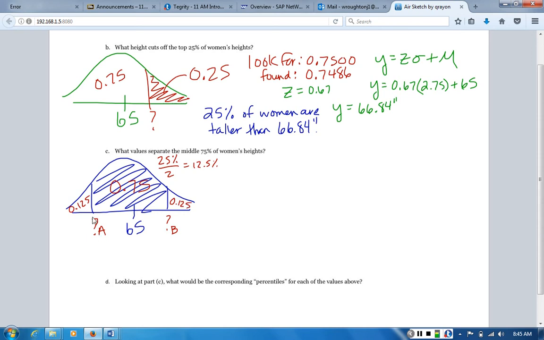Now, why did I do that? I had to figure out how much was to the left of my question mark here, so I needed to figure out that number. So first, for question mark A, we're going to go to the table, looking for 0.1250. My z should be negative as well.